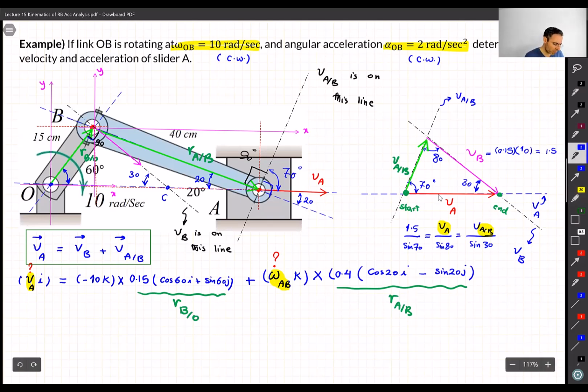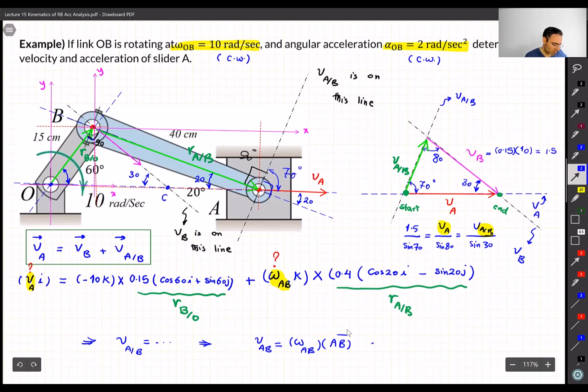So if I know VA with respect to B, if I know the value, then I know that there is this relation between them. VAB is equal to omega AB multiplied by AB, the distance between A and B. I'm just writing the algebraic equation.